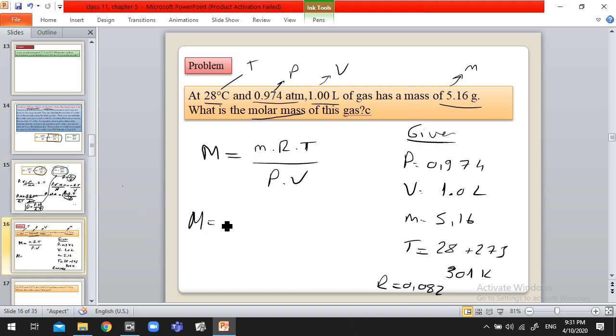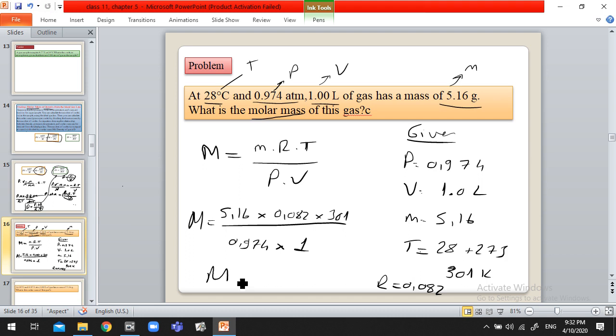Let's put these givens into this formula and you can find the molar mass. Molar mass equals mass 5.16 times R 0.082 times T 301 divided by P 0.974 times V 1.